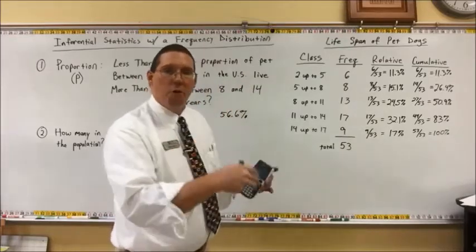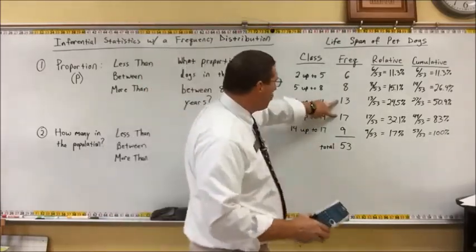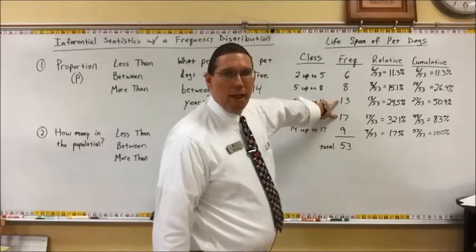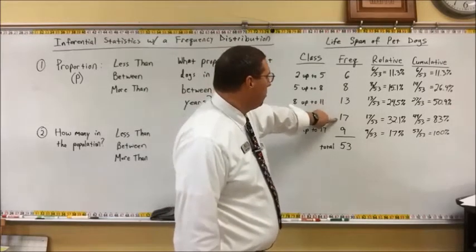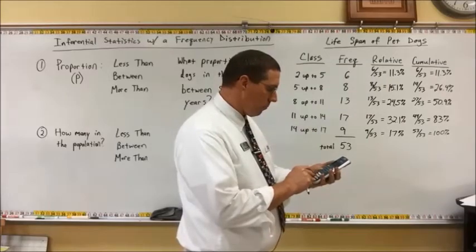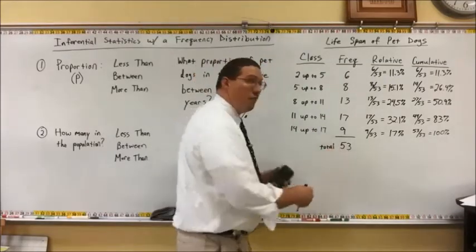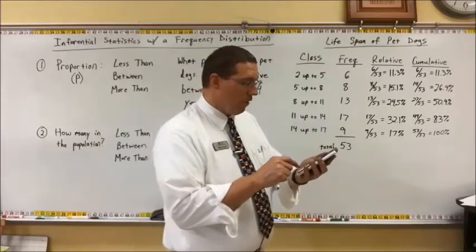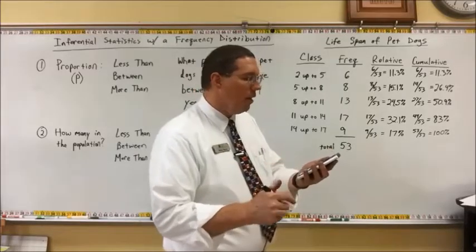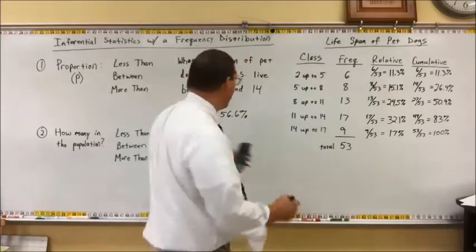Again, the third way we can do it is add up the 2 frequencies from the 2 classes that are included, 13 plus 17, and that's 30, and we can divide that by 53, the total number of observations. Divided by 53, and we get 56.6% again.